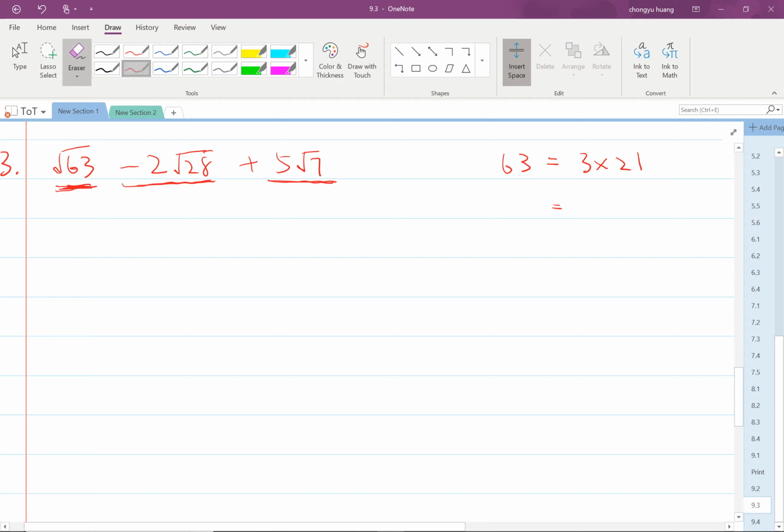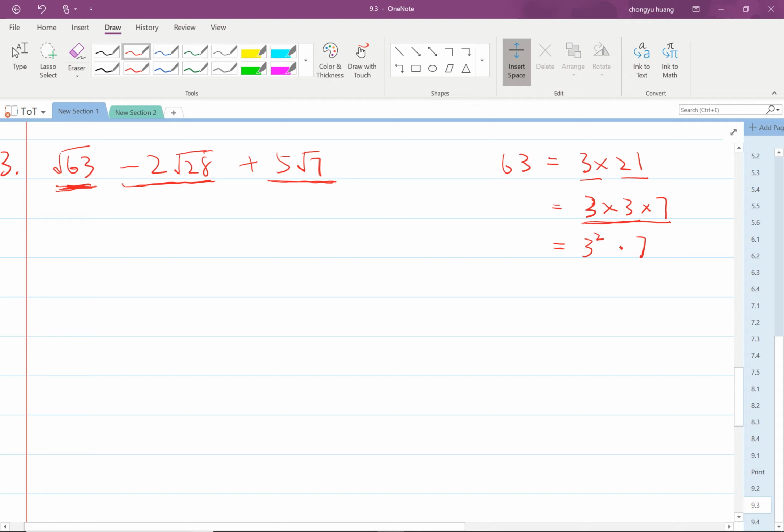So let me continue. Over here we have 3 multiplied by 21, and we know 21 is equal to 3 multiplied by 7, right? So this is already in the simplest form. Furthermore, because we have two 3s over here, we can write 3 to the power 2 multiplied by 7, right?